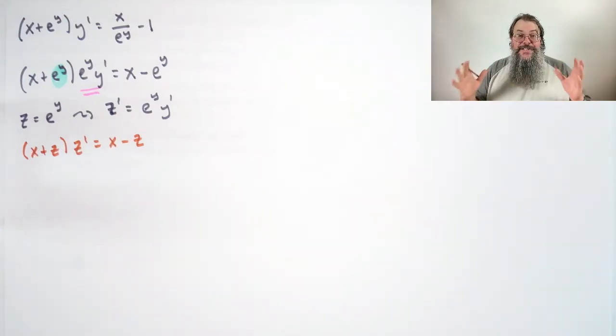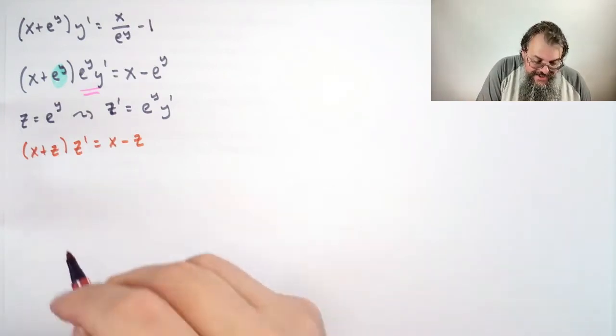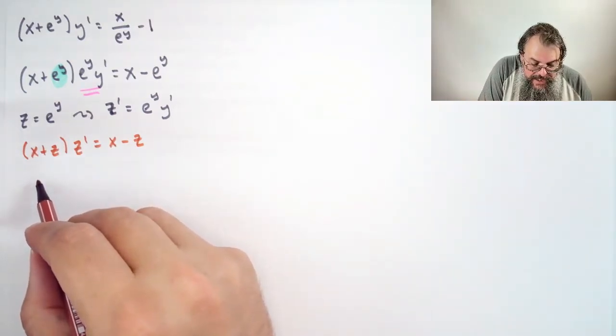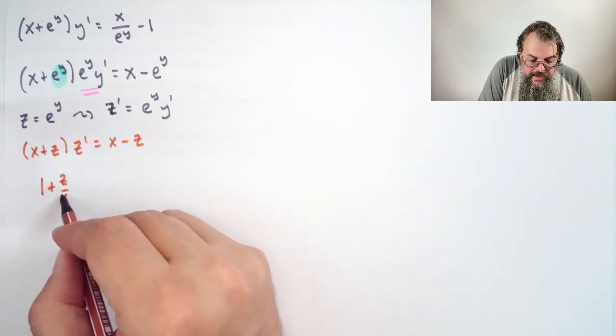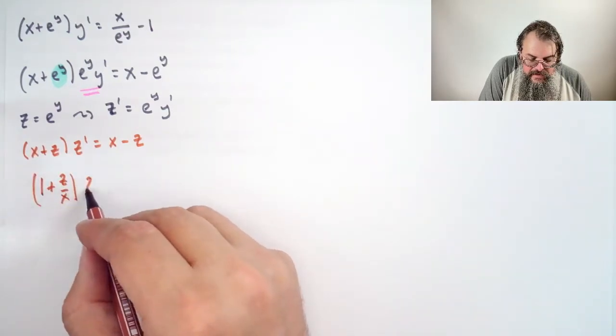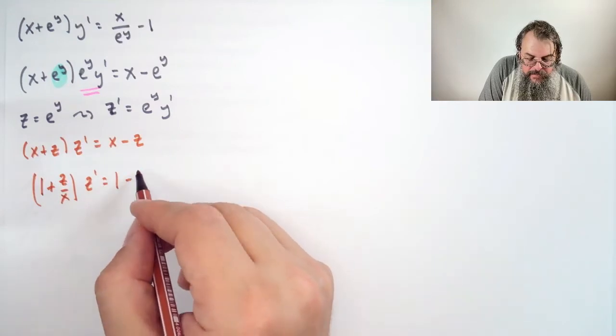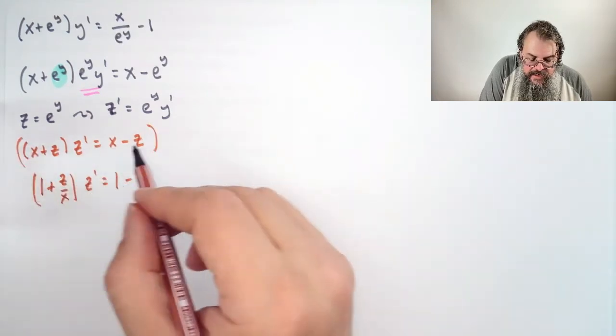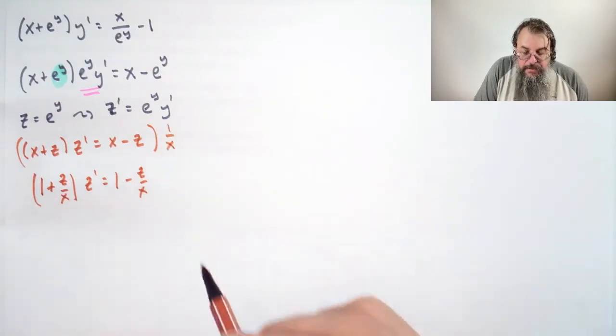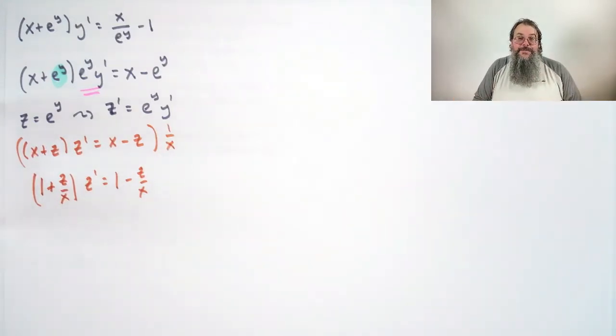It's homogeneous. So this could be rewritten as (1 + z/x) z' equals 1 minus z over x. So I'm saying, aha, this is homogeneous. Let's multiply everything through by 1 over x.